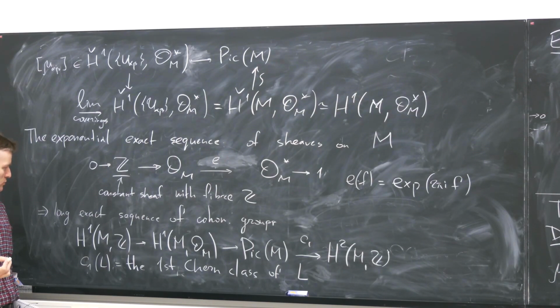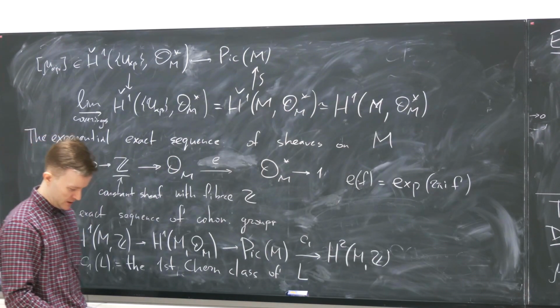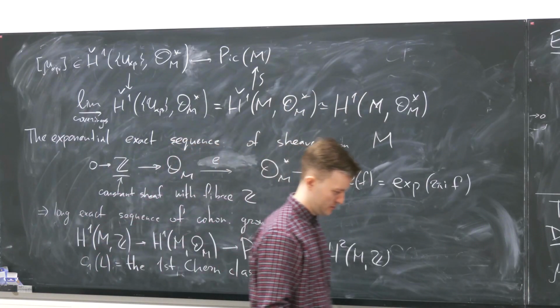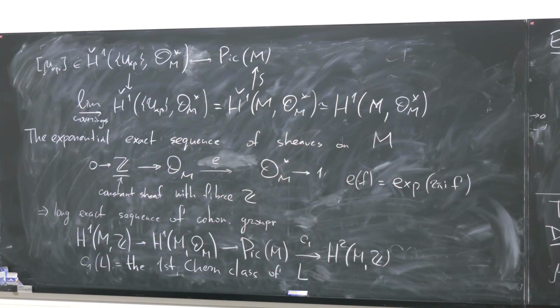The way to do it is to write down a proper resolution for the constant sheaf, and then observe that this resolution actually computes the singular cohomology. I won't explain this, but if you don't know where to look it up, it's in the book of Wells, Differential Analysis on Manifolds.